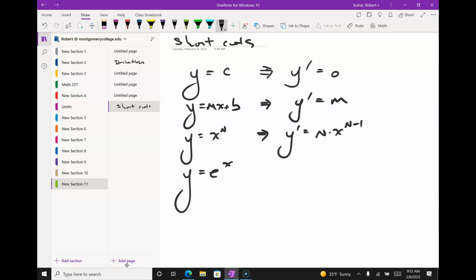y equals e to the x implies y prime is e to the x. This is a pretty special function. I'll prove it to you later. Every height of the function is the slope of the tangent line.